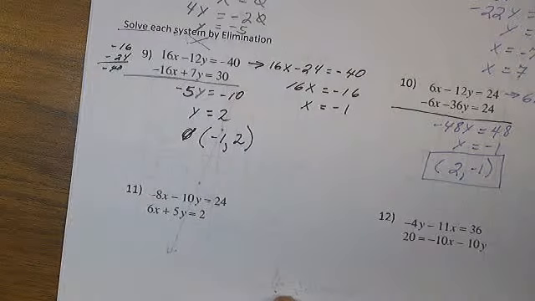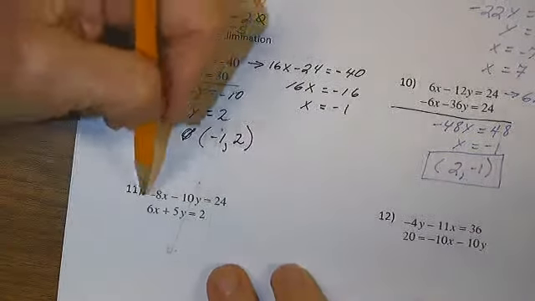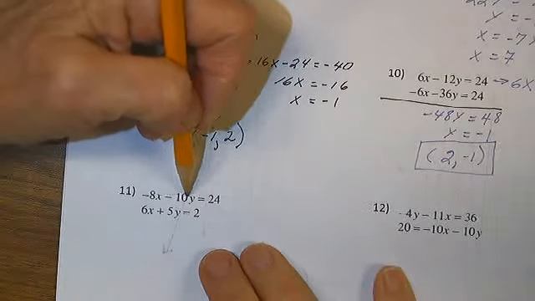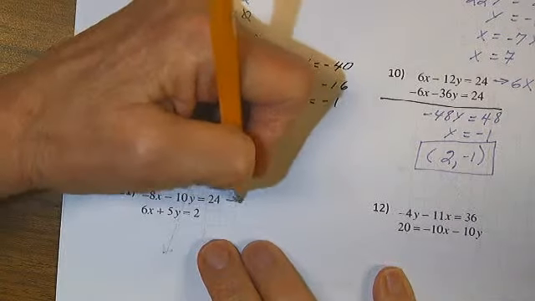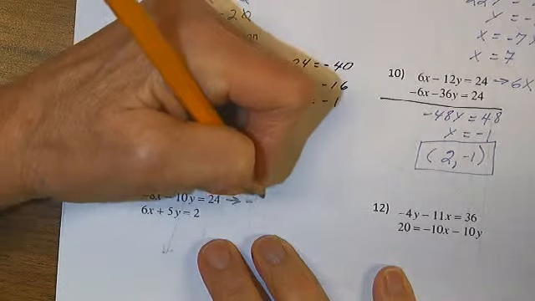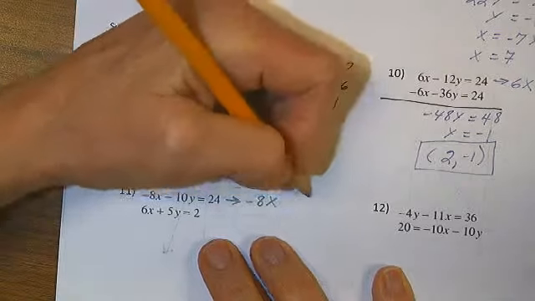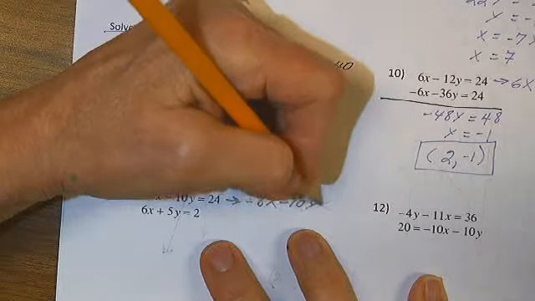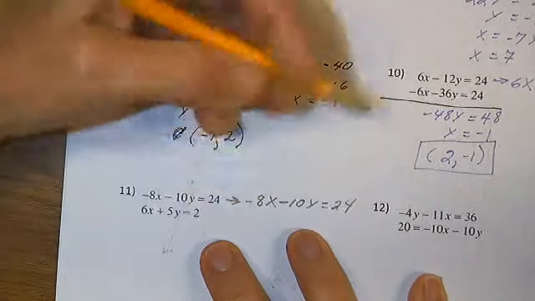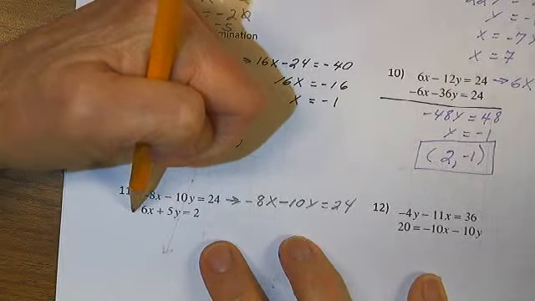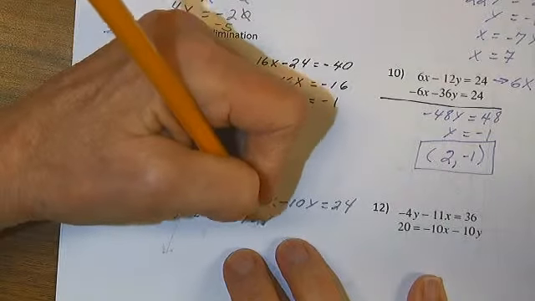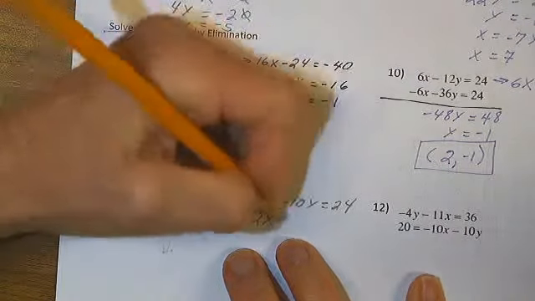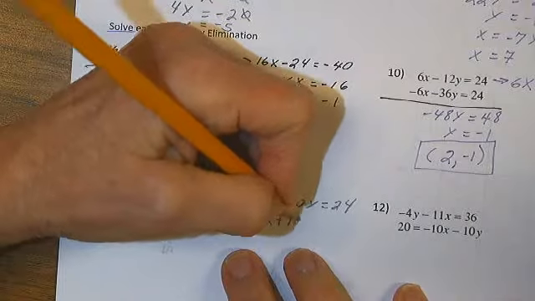The last two are a little trickier because we have a minus 10y and a plus 5y. I think the easiest thing to do here is just write this equation over again and multiply this equation by 2. 2 times 6x is 12x. 2 times 5y is 10y.